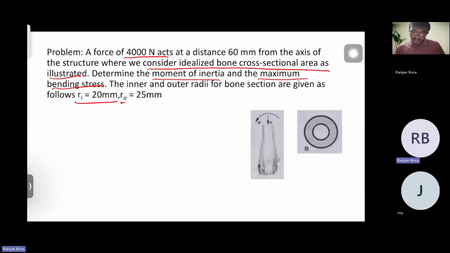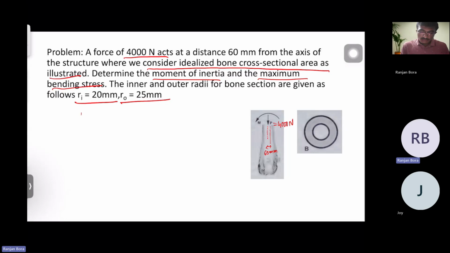Here the force P is acting at a distance of 60 mm, and the value of force P is 4,000 Newton. What is the value of this bending moment M?